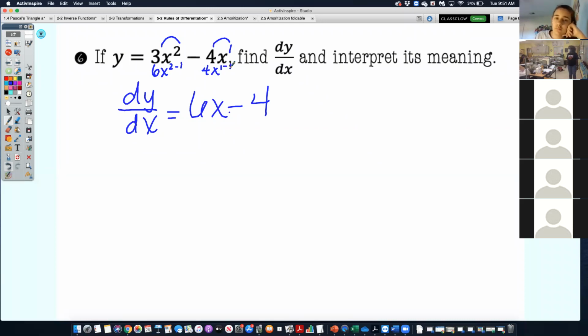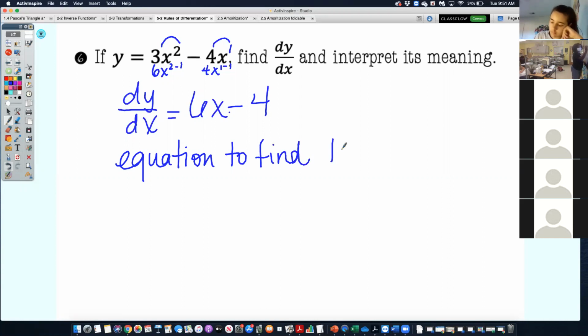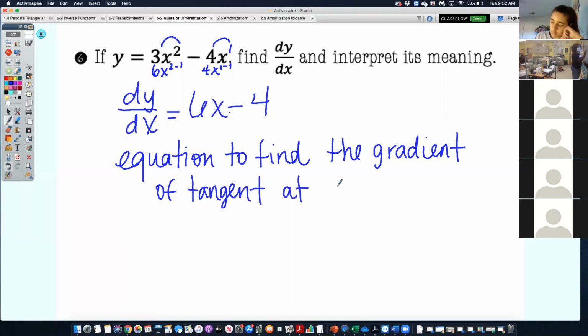What does that mean? This is the equation to find the gradient of the tangent line at x, whatever x is.